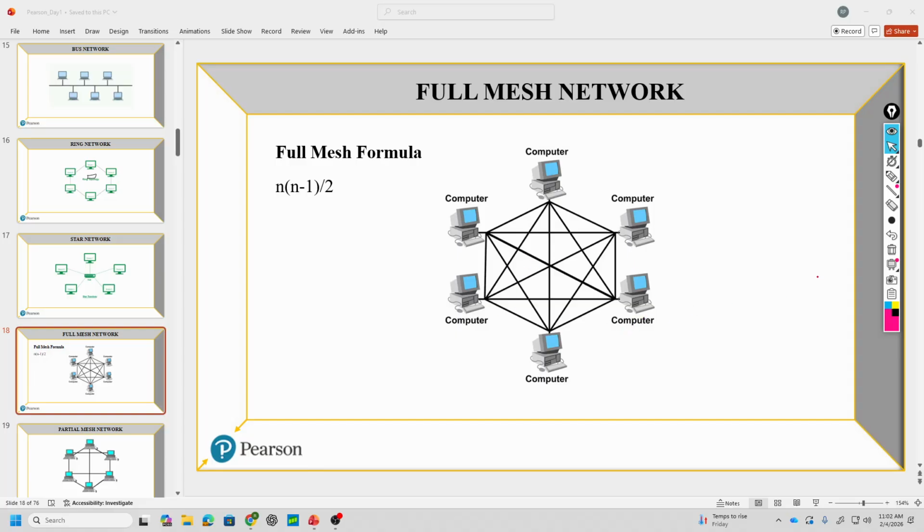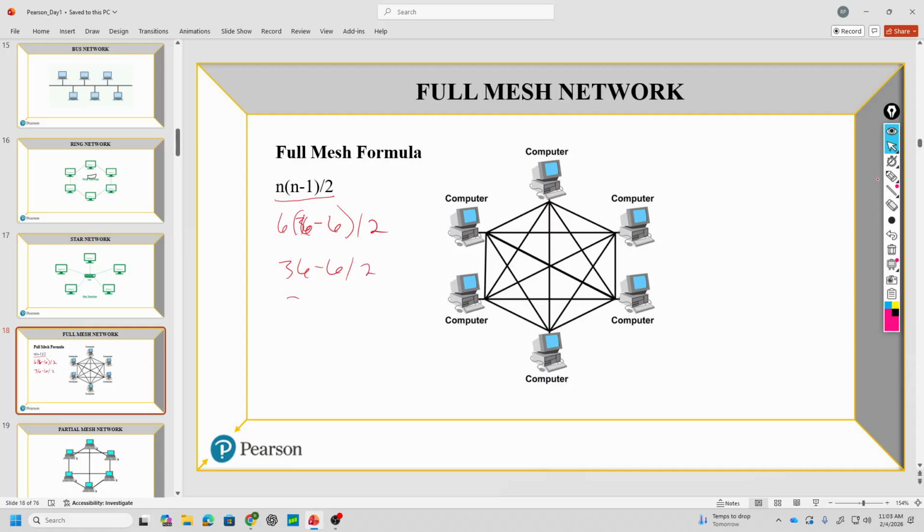This is the formula: n times n minus 1, divided by 2. So here we've got 6 computers. So we have 6 times 6, excuse me, so we wind up with 36 minus 6 divided by 2.